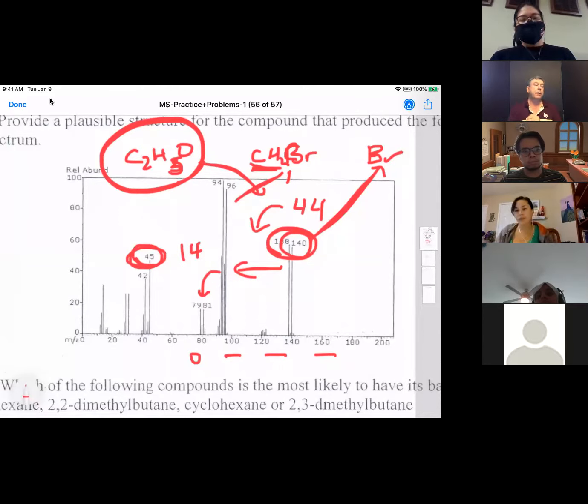The plus or minus 1 has everything to do with losing a hydrogen here or there, because once you have this ionized field, it's pretty easy to create a radical hydrogen and have it leave. In another exercise next week, we'll calculate exact mass versus unit mass. Exact mass is 4 places after the decimal, and we get really good about exactly how many of each element we have.